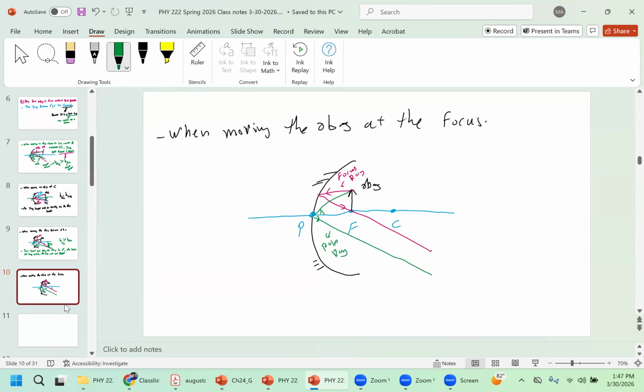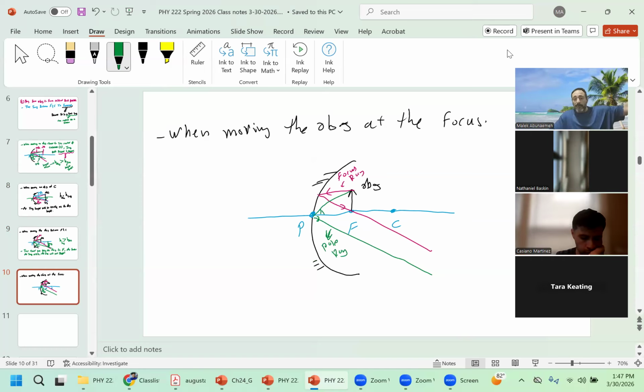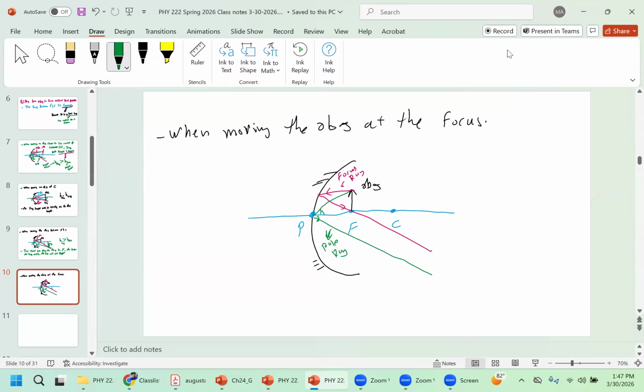All right. So have you with me so far? Two rays, your pole ray and your focus ray. You all with me? Now, in this case, what's going to happen? They don't meet. If these two lines don't meet, you get no image.